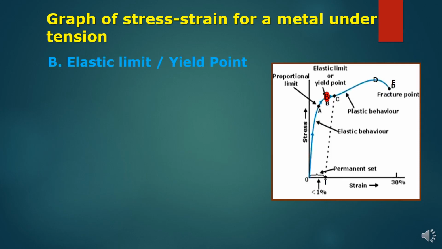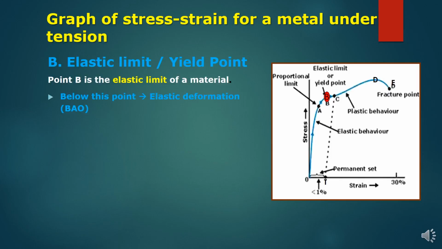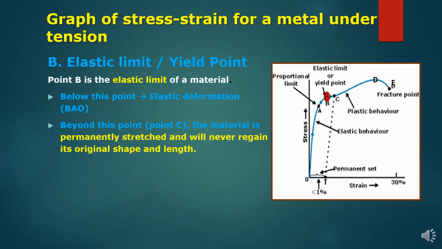Point B, elastic limit, also known as yield point. Point B is the elastic limit of a material. Below this point, the wire experiences elastic deformation. It returns to its original length with the removal of the force along the path BAO.